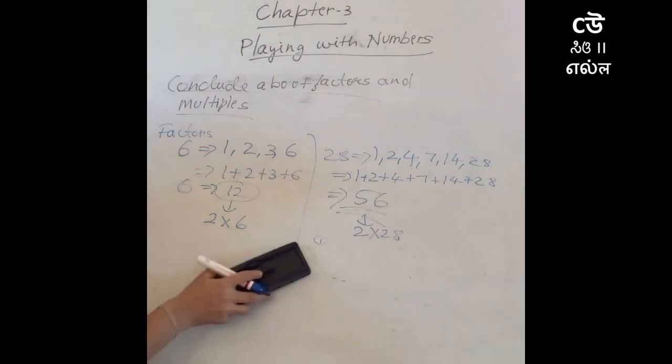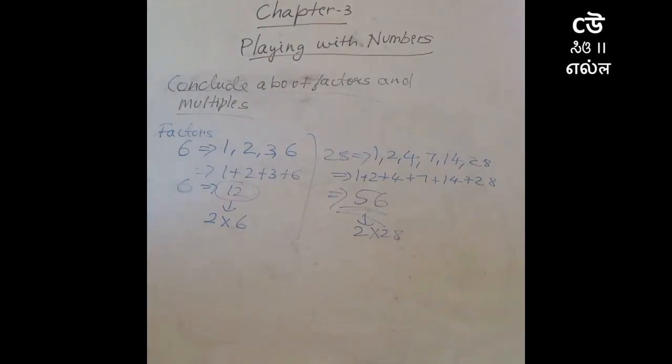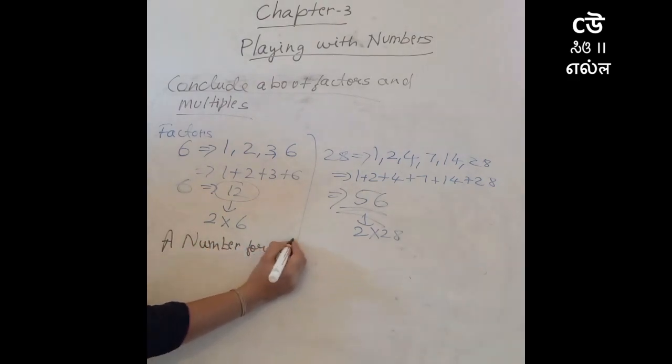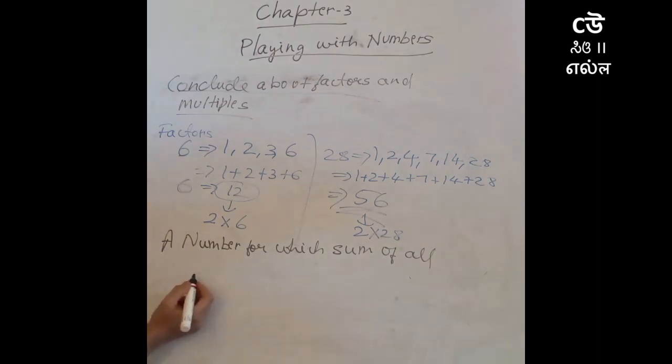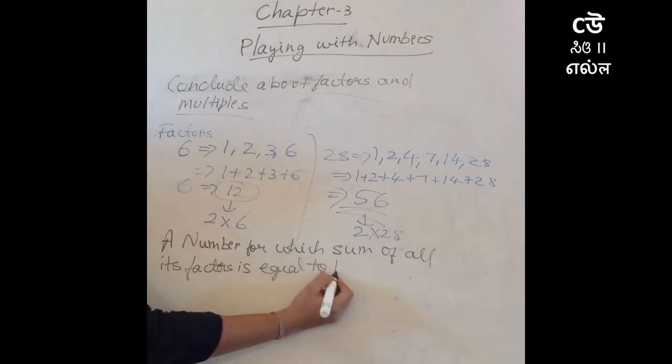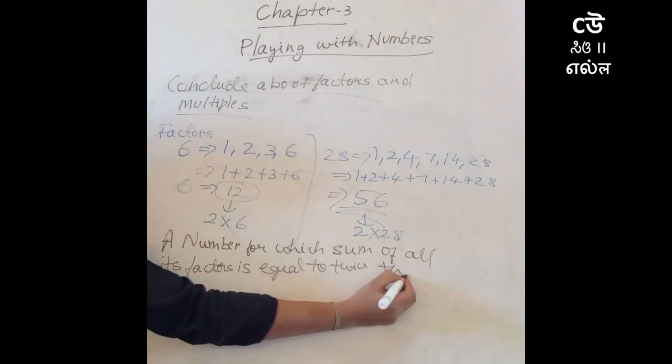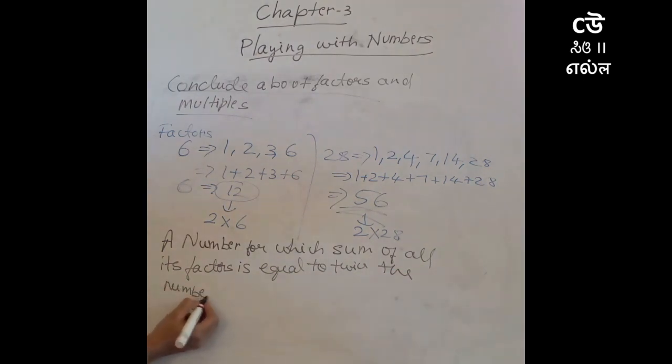Okay. So we can conclude that a number for which the sum of all its factors is equal to twice the number. So for 6, twice 6 is 12.